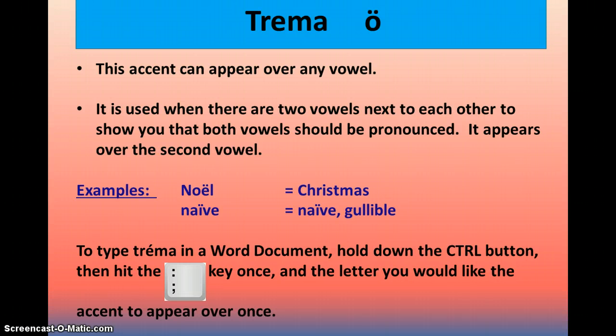You hear the O and the E. And in naïve, which means naive or gullible in English, you hear the A and the I sound. To type tréma in a Word document, hold down the Control button, then hit the key pictured once, and the letter you would like the accent to appear over once.